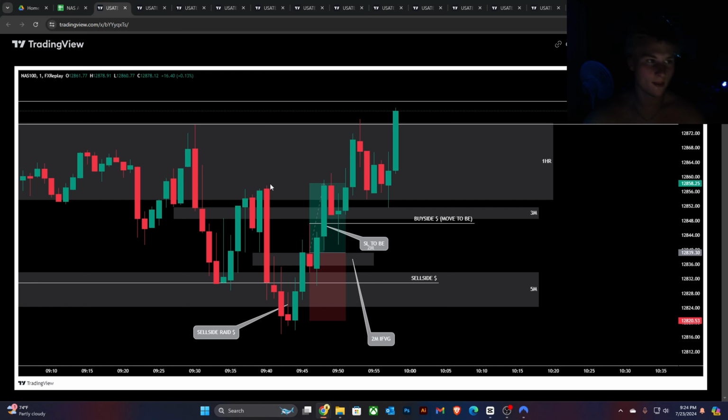So you need a good amount of capital if you're going to be doing that, but that's just something I've noticed. For me personally, it's not in my best interest to close 50% and then leave the runner, because the end profit would still be 1R of what I risk.